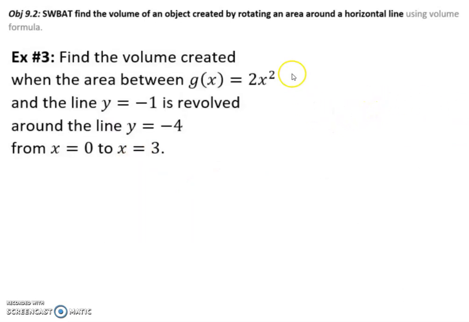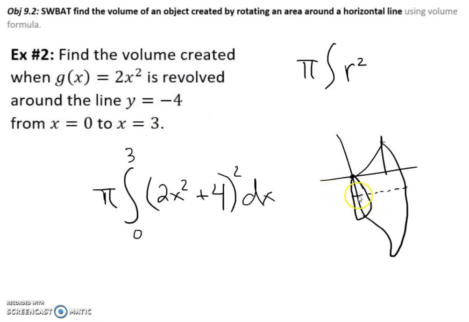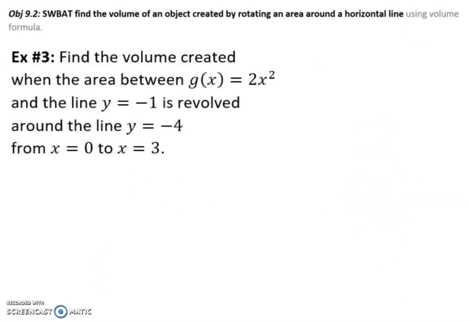Third example, it's going to be slightly more complicated still. We still have 2x squared, but now we have the area between 2x squared and a horizontal line revolving around that same line, y equals -4. So for the difference here, notice that in the last one, it was the full distance from this function to that line of rotation, which meant that it was a volcano that was completely filled in.